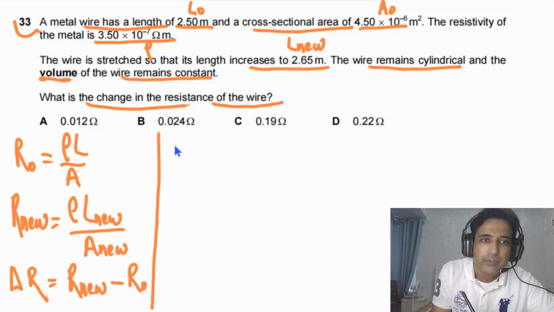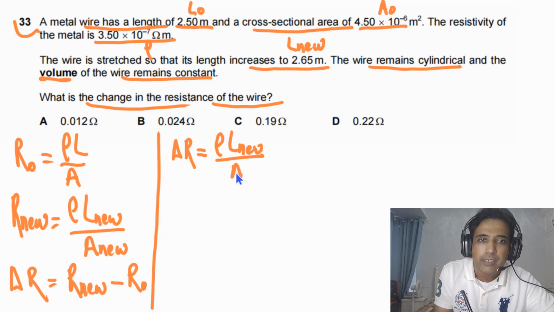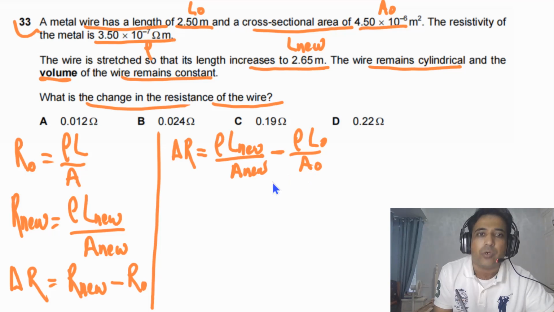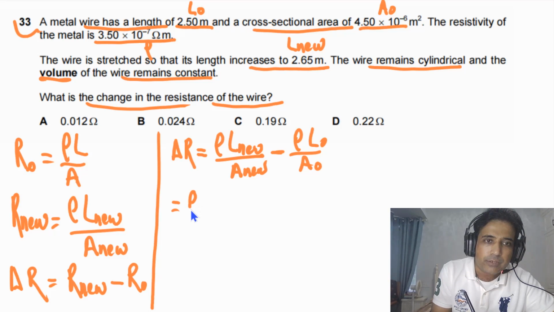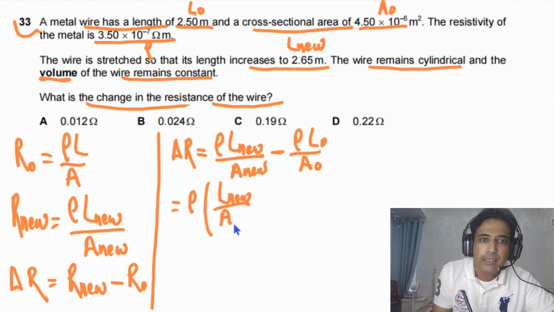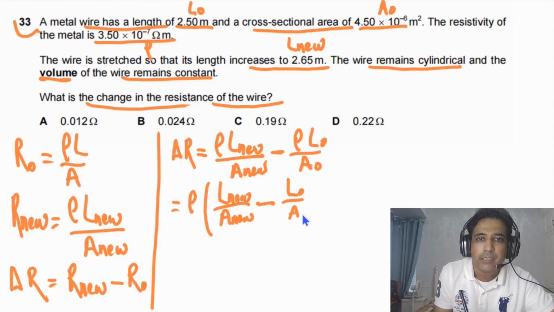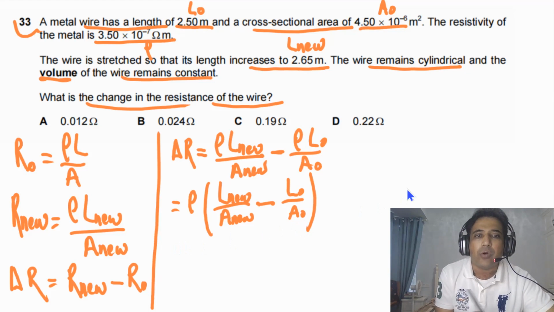So delta R is equal to rho L new divided by A new, minus rho L naught divided by A naught. From here we can take rho common, so we are left with L new divided by A new minus L naught divided by A naught. We have all the values, only A new we don't have.